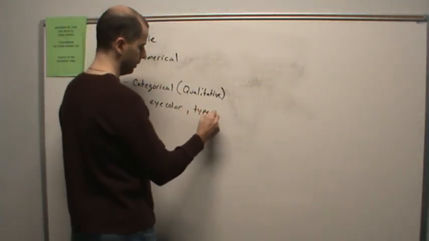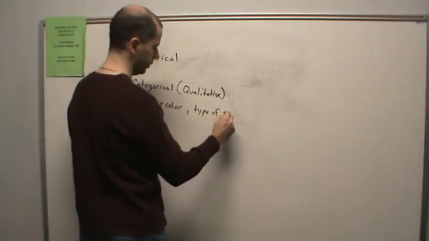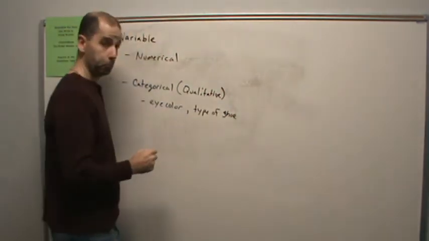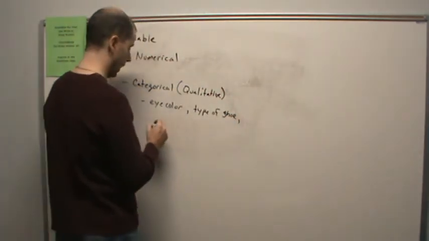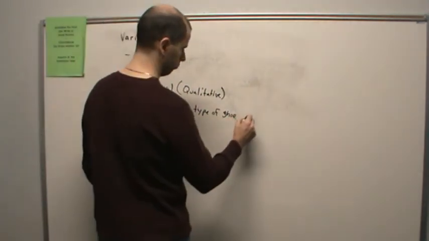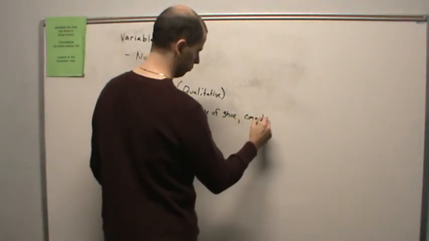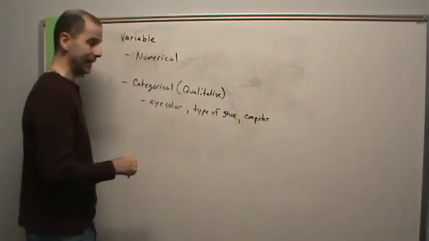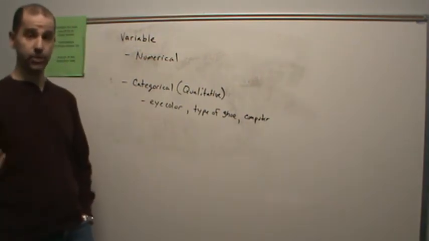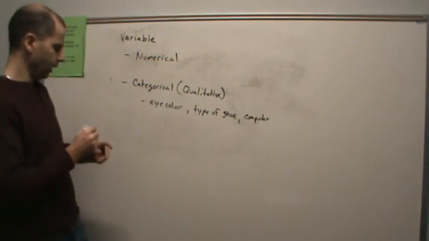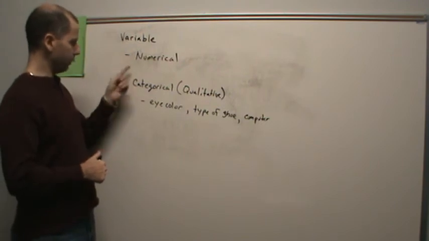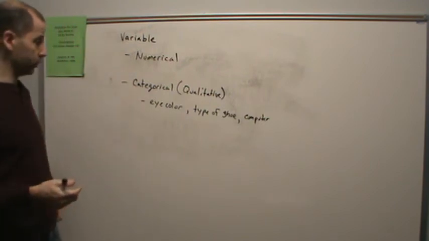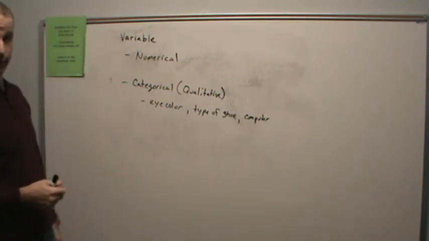Type of shoe, that's one. Type of computer. Anything that can be described in some sort of category. We're going to deal with these two later on as far as graphical displays, because we have to handle these differently as far as data.